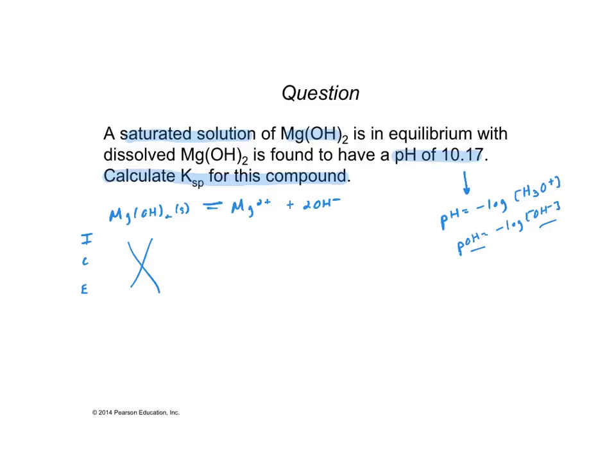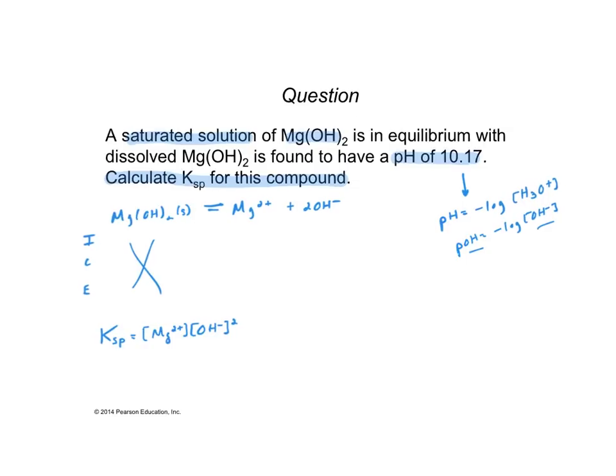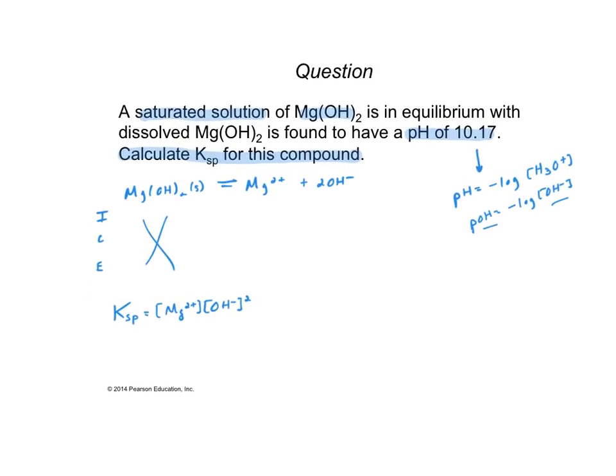I'm also going to write out my KSP expression. KSP is equal to the concentration of magnesium at equilibrium times the concentration of hydroxide at equilibrium squared. So the big idea here is we need to figure out what these are so that we can plug them in and get the KSP.